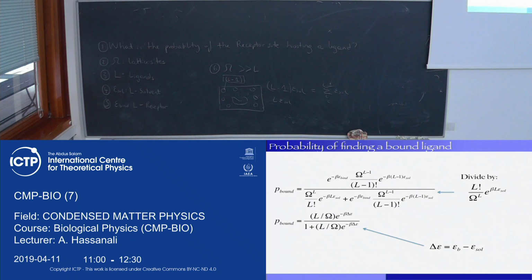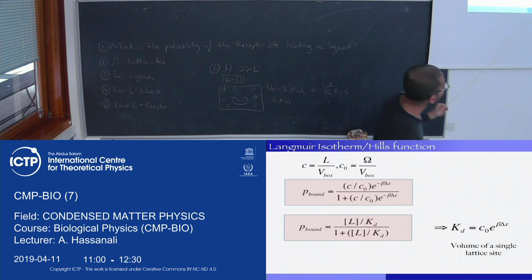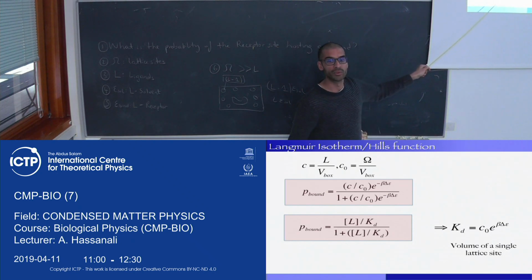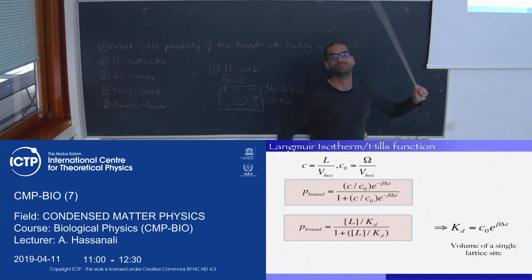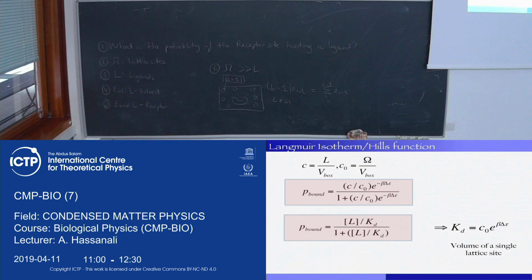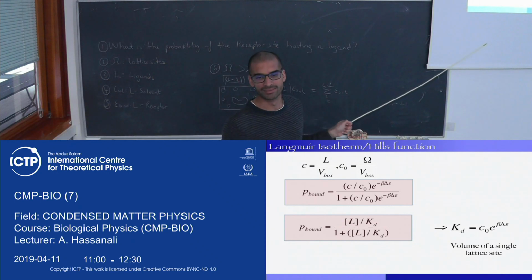Now, if we take this expression and compare it to what we had earlier, this is what you get from chemical thermodynamics. This is what you get from a simple statistical mechanical approach to a lattice model. And they look very similar.